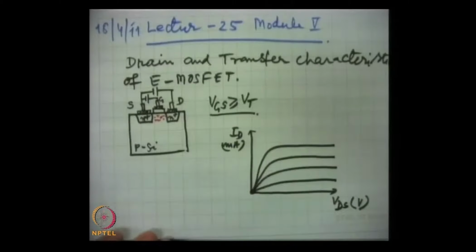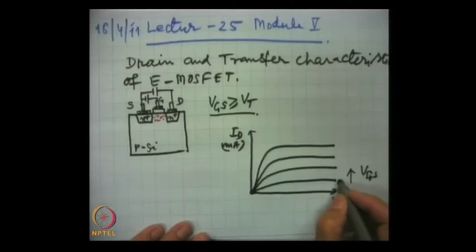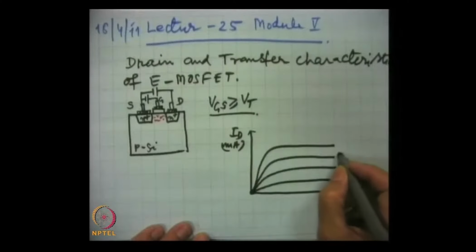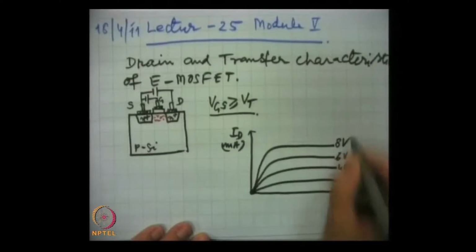Like that, and this is VGS, for example, 2 volts, 4 volts, 6 volts and 8 volts.